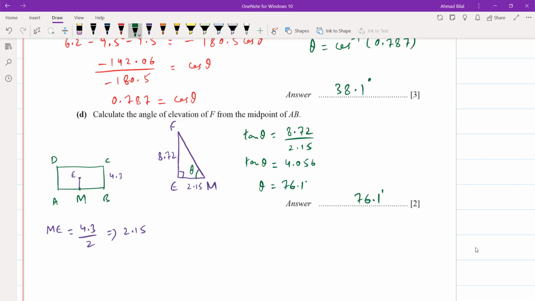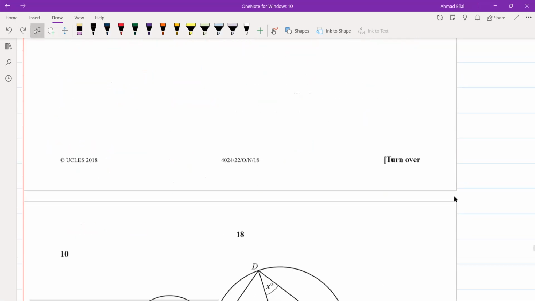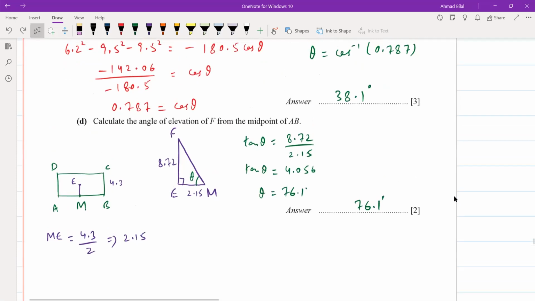That is the angle of elevation of F from this point M, जो आपका AB का midpoint. Okay, is this clear? Does this make sense?